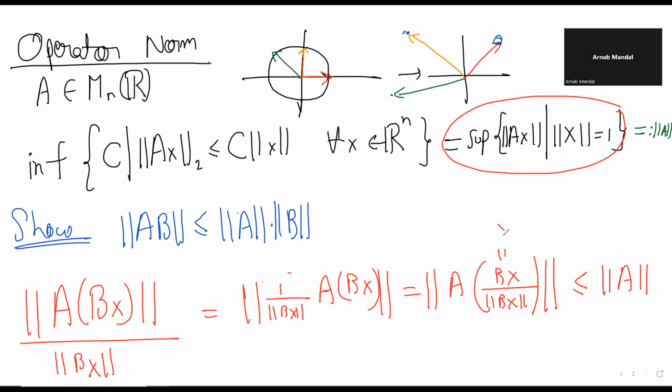Think of this as just a vector with norm one. Call that vector y. Then you take Ay. What is the norm of Ay? It is less than or equal to norm A, because norm A by definition is the supremum of all those things.